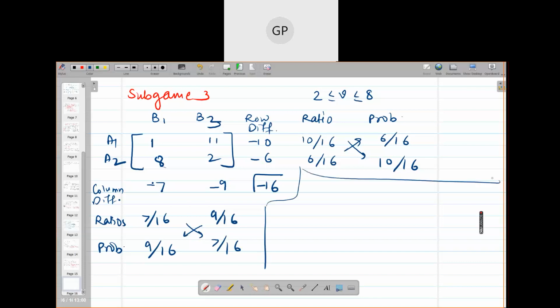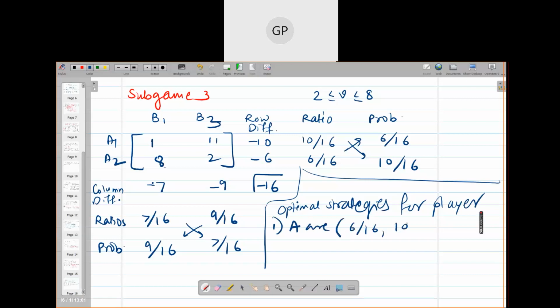So what are the optimal strategies for player A? 6 by 16, 10 by 16. For player B, 9 by 16, 7 by 16.